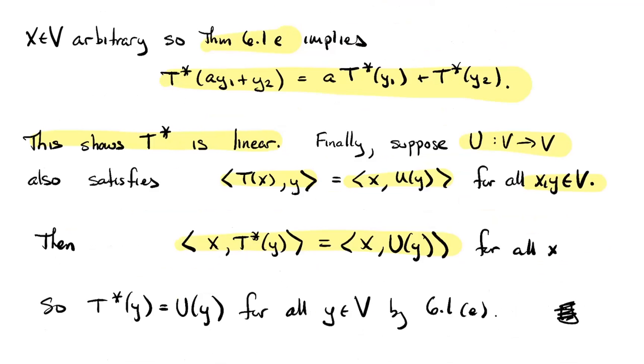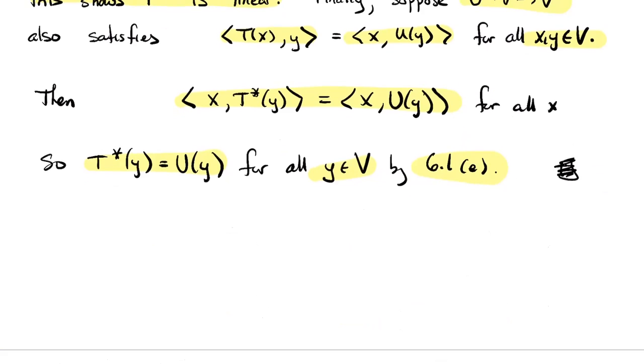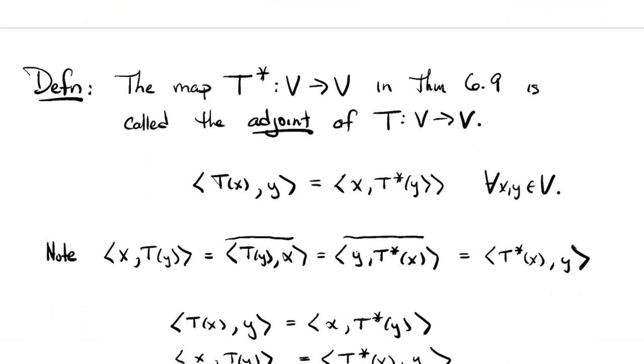So yeah, you guessed it, another application of Theorem 6.1e says that T star of y and U of y have to be the same for every y. So T star is equal to U. Okay, so T star is unique. That concludes the proof of that theorem.